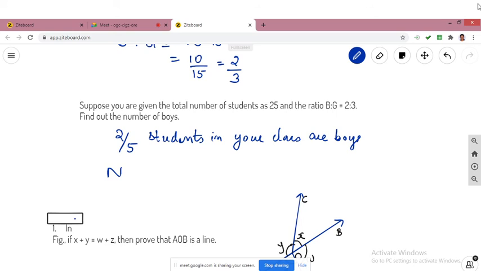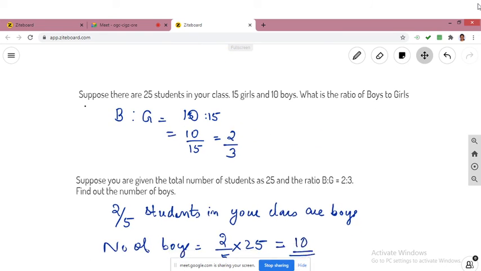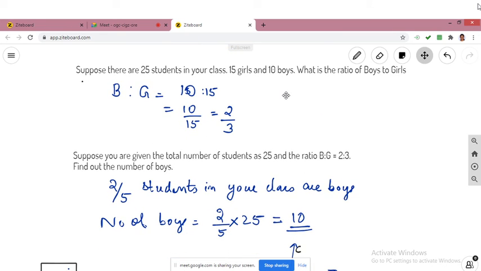So the number of boys will be 2 by 5 into 25. How much will you get? 10, ma'am. Yeah, 10. In this case, we got the correct answer, 10 boys.